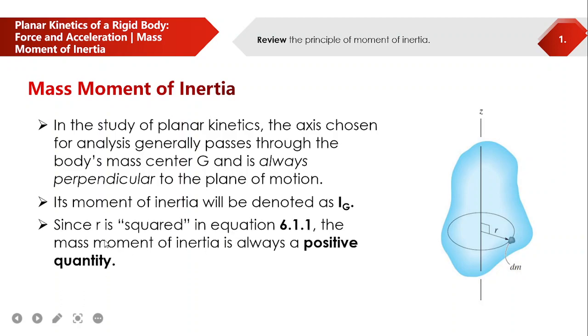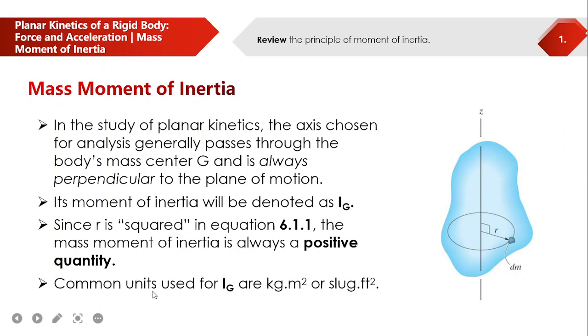So, since r is squared in equation 6.1.1, I is equal to integral of r squared dm, the mass moment of inertia is always a positive quantity. Kasi nga, square ng negative value is positive. Okay? So, inote lang dito na always positive quantity yung mass moment of inertia natin.